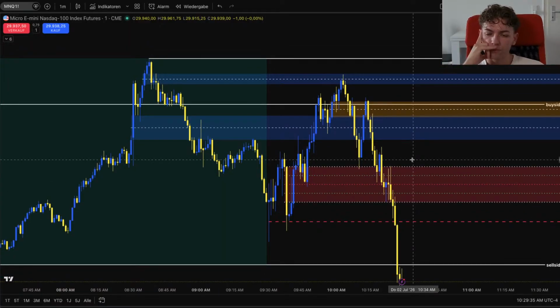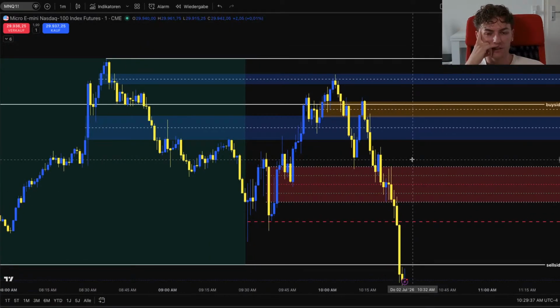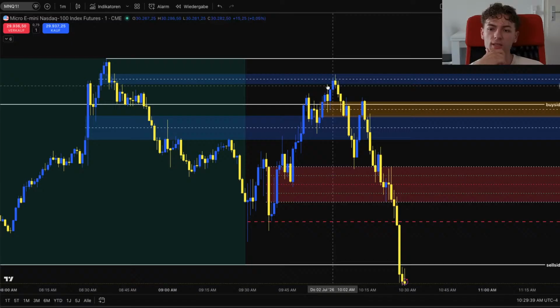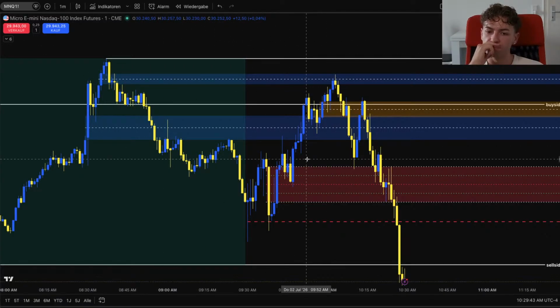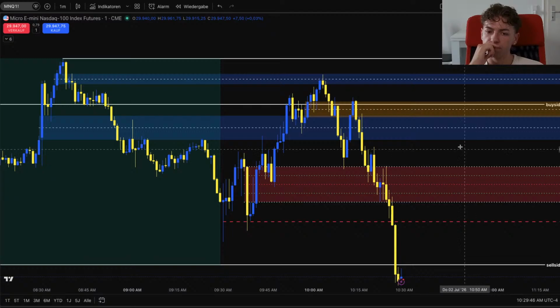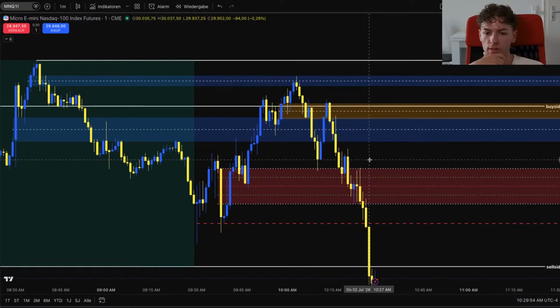I'm trying to understand why price did not take out the buy side. And in my opinion, there was no entry opportunity to sell it.